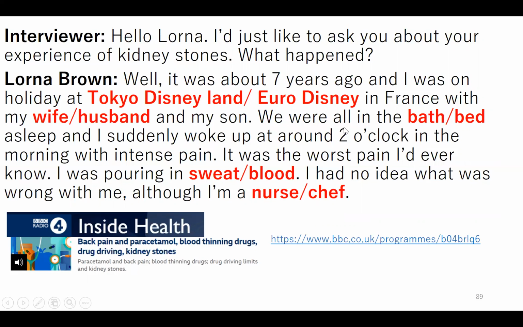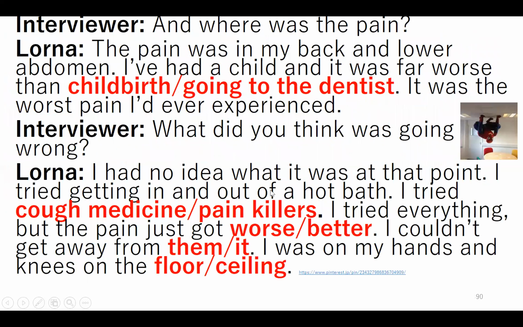Okay. And we were in the bath or bed asleep. Where do you sleep? You sleep in the bed usually. Okay, so students, we have a student doing that. Okay, one slide each. They pass the slide around and they have to guess which one. Okay, and it is far worse than childbirth. But for students it's quite difficult. I had a child and it was far worse than going to the dentist, some students will say.